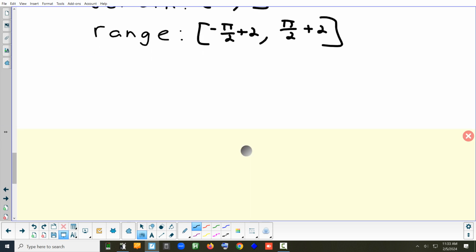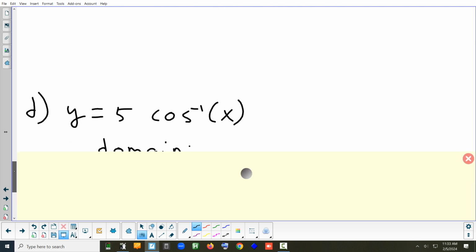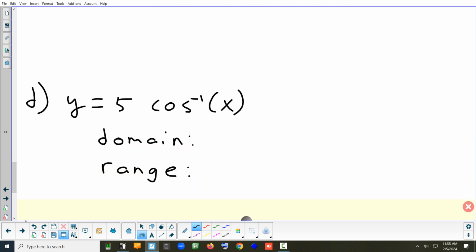All right, let's try this one. 5 inverse cosine x. Okay, what's the 5 doing? It stretches it vertically.